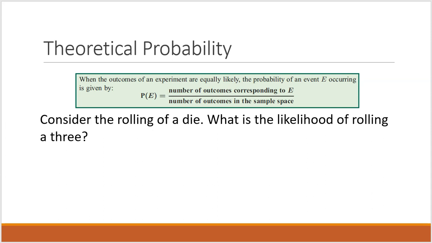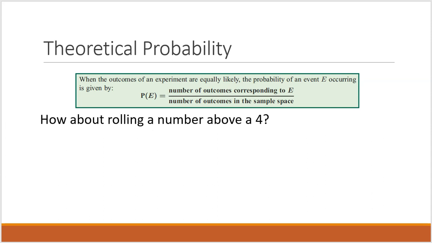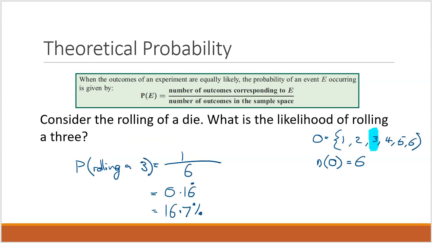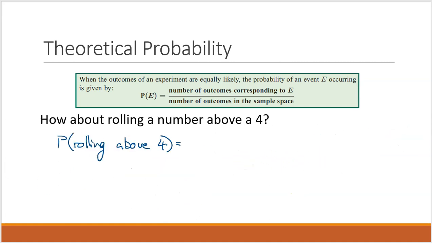Now, let's go down to another example. How about rolling a number above 4? So, probability of rolling above 4 would be number of outcomes corresponding to E. So let's go back, and I'm gonna grab all of this, move it over here.